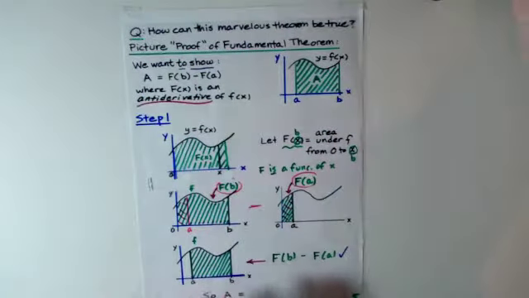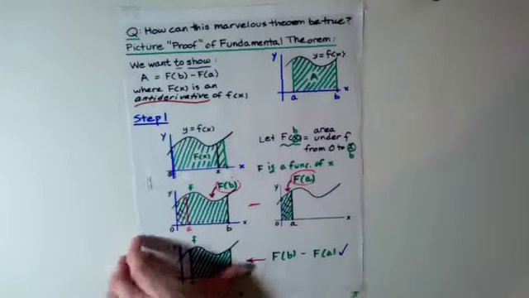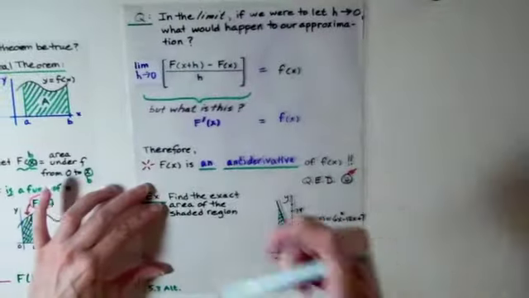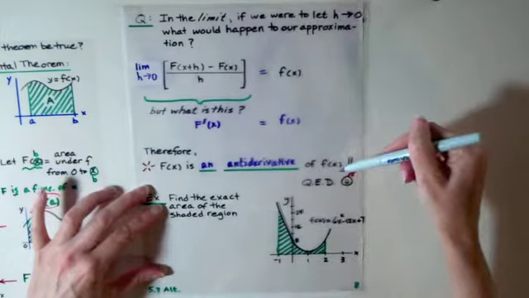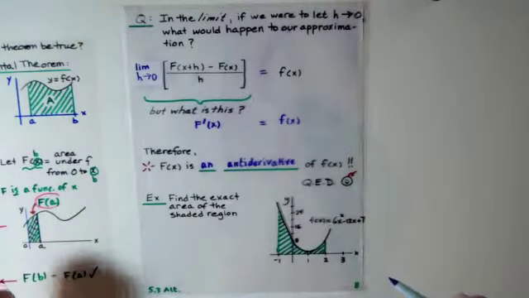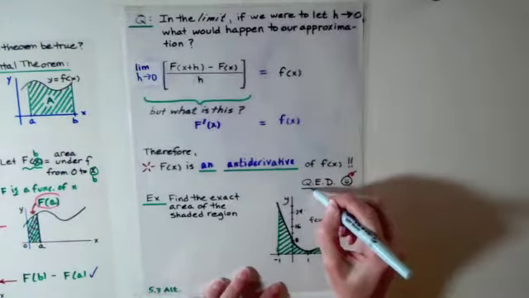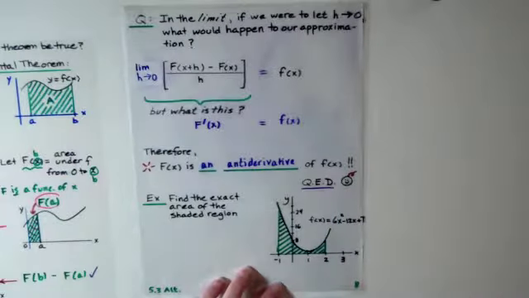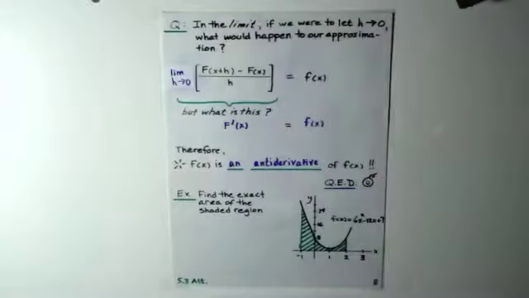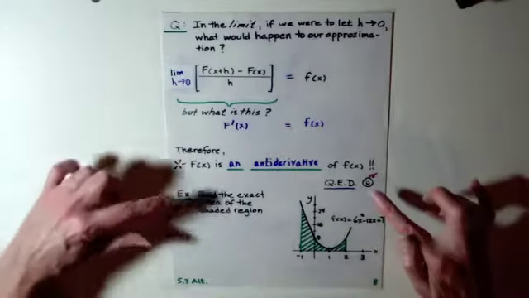And that's what we just showed in our step 2, that capital F was an antiderivative of little f. So those are the two things that we needed to show, and we can say QED, we are done with this picture proof. So that concludes our proof of the fundamental theorem of calculus.